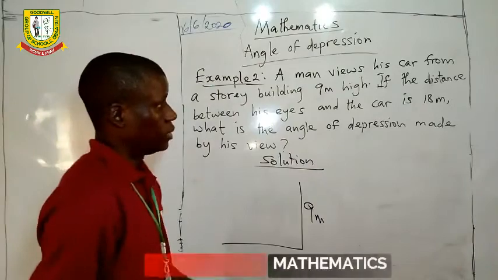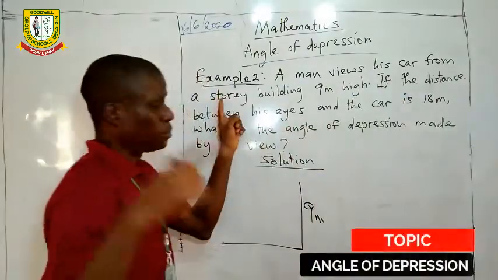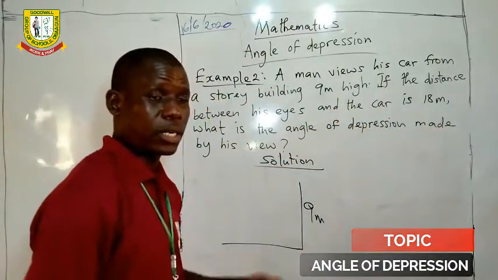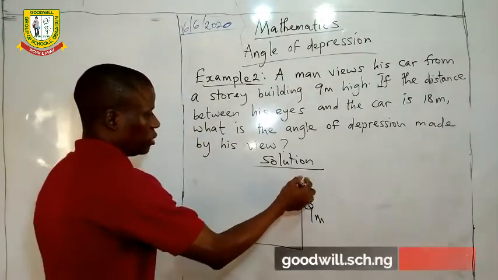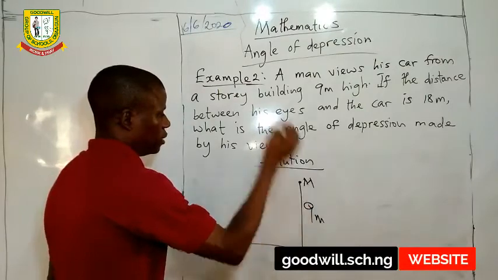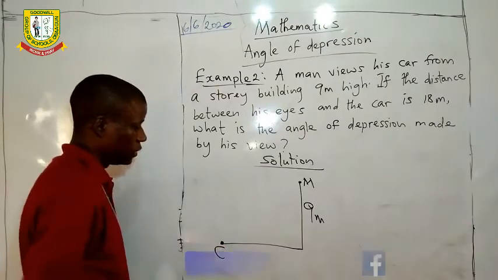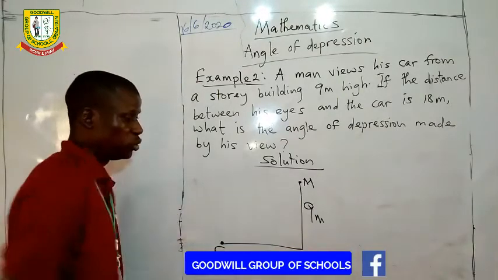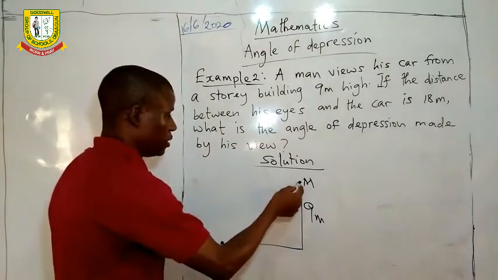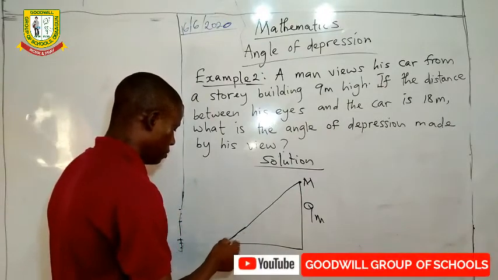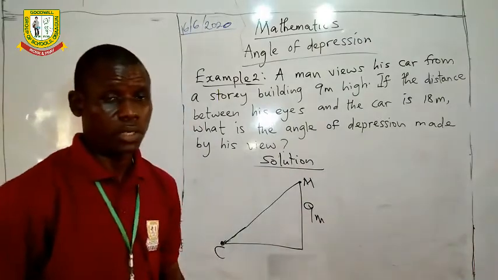Now, the man is viewing his car from that building, which means the car is maybe in the car park downstairs. So definitely the man should be somewhere up right here, and the car should be down on the ground over there. So you should complete your triangle by having the third side linked by those two points, the point at the car and the point at which the man is located.